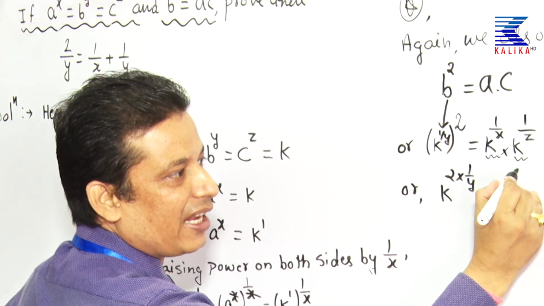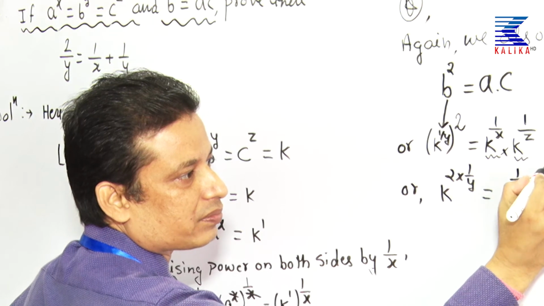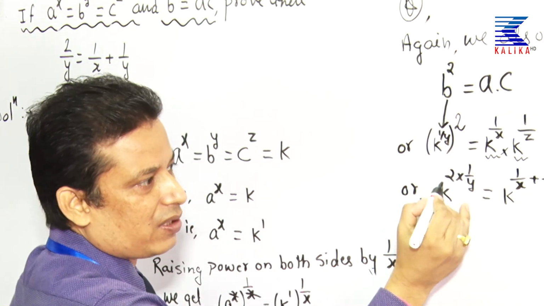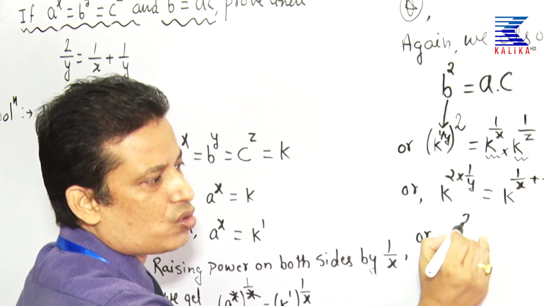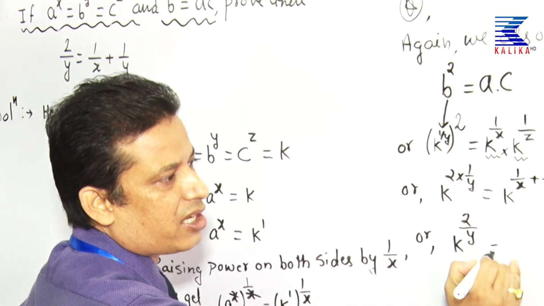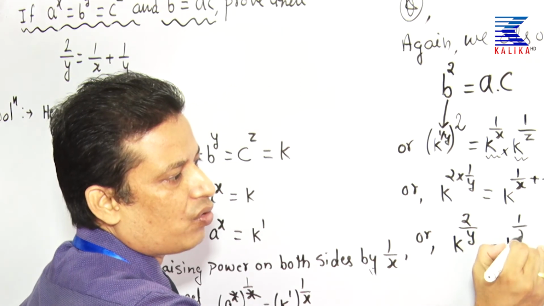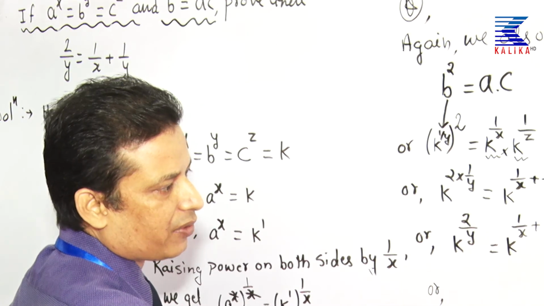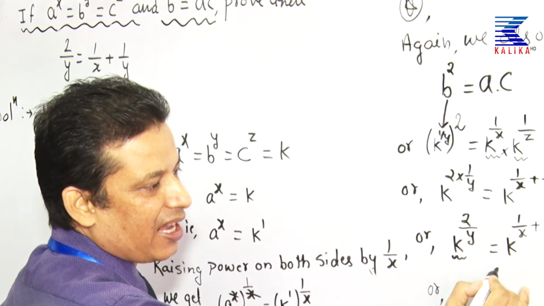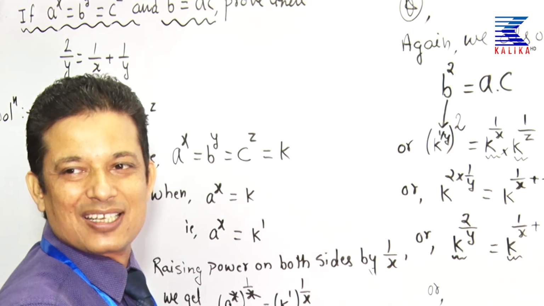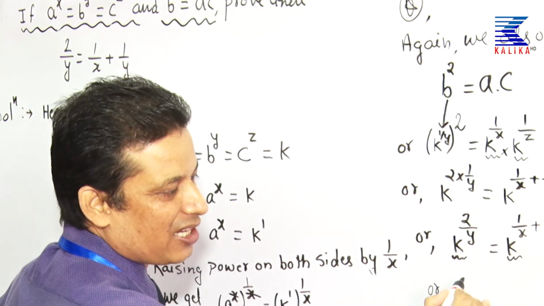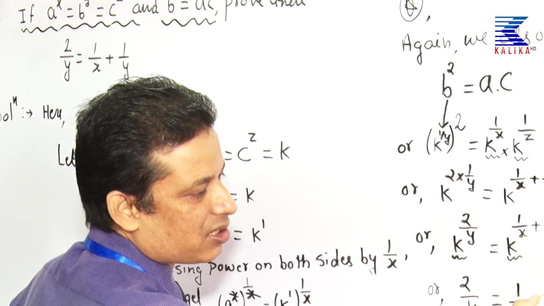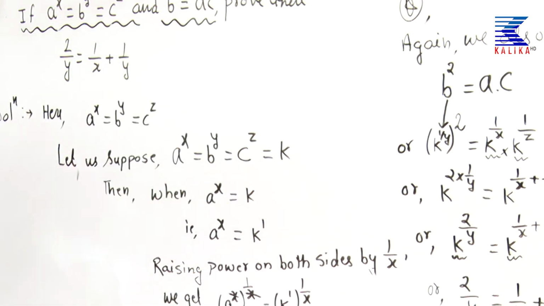So, we can add these two powers. k^(2 times 1/y), it is 2 over y, is equal to k^(1/x + 1/z). The base is k, base is k. Now, equating the bases, we get 2 over y is equal to 1 by x plus 1 by z. Let us see what is to be proved.